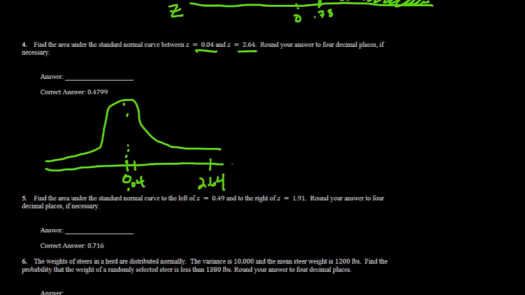The question is asking what's between the z's. So we're looking for the area between here and here, so we're looking for all of this. And the way we're going to do this one is calculate the left-hand side of 2.64 and then subtract the left-hand side of 0.04. So let's go back to our tables and we'll grab them both.